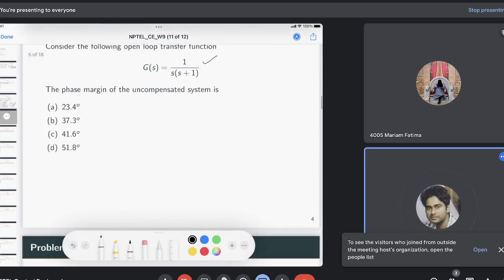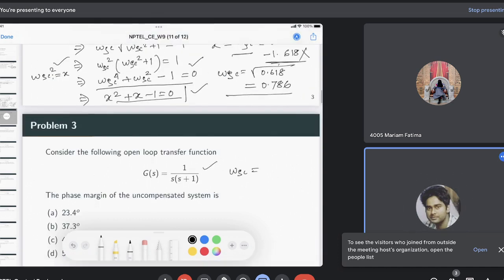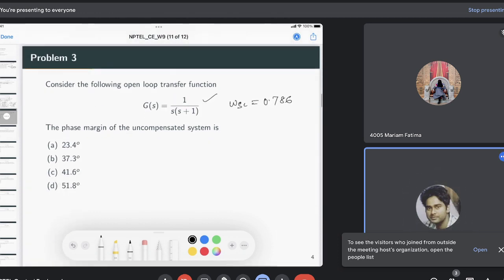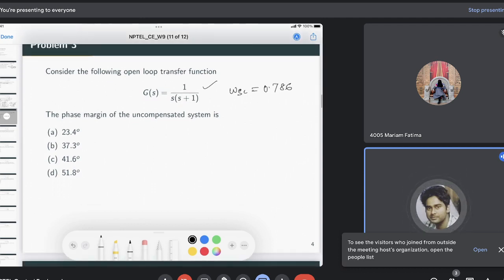So to calculate the phase margin, we already computed the gain crossover frequency, which is 0.786 radian. The phase margin means the phase angle that the system has at this gain crossover frequency, and how far it is from instability, that is minus 180 degrees.